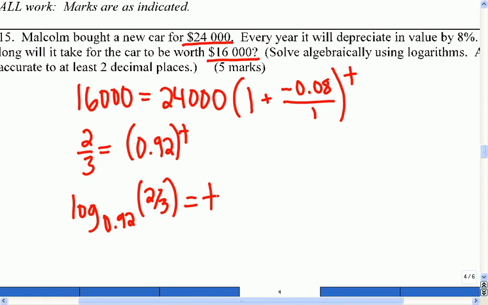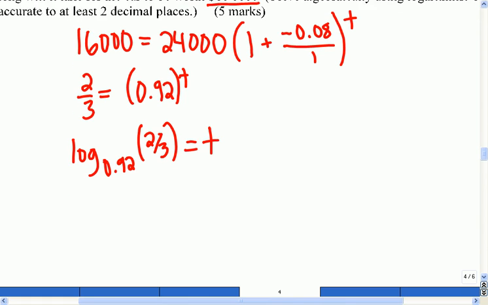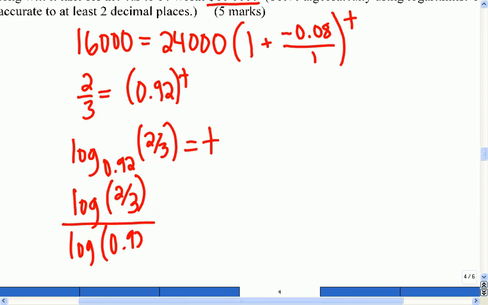And of course, the people at Texas Instruments weren't clever enough to put a log base 0.92 on my calculator, so I'm going to have to make a little adjustment before I solve it. But all in all, for 5 marks, it's not too bad of a question.